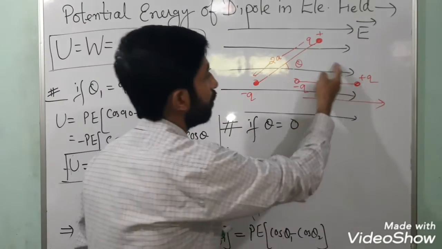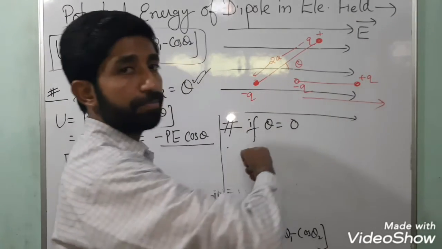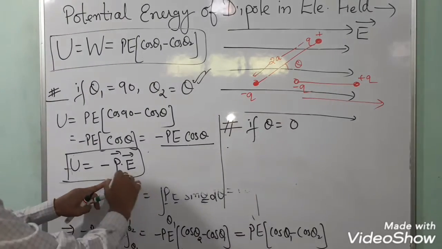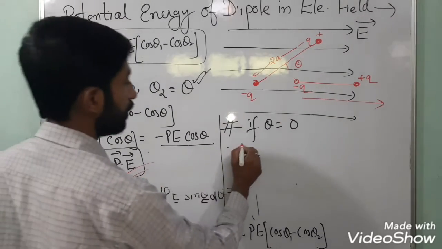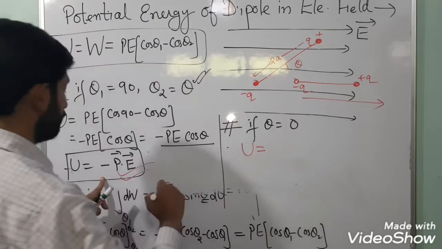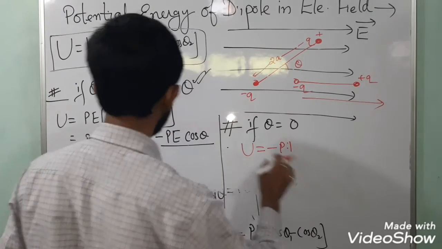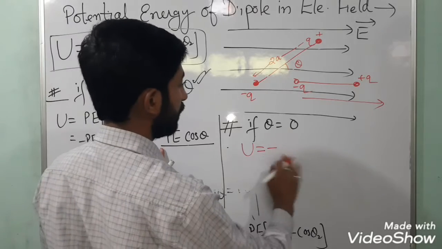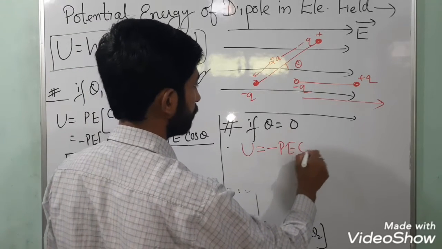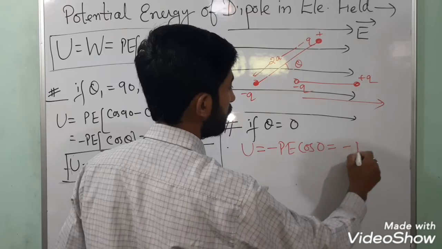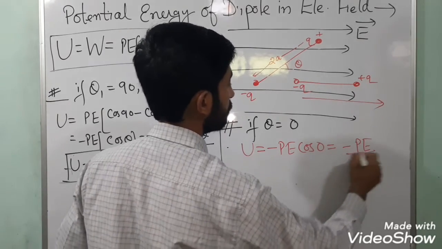You have to focus only on this region. If theta is equal to 0, then according to the dipole potential energy, U is equal to minus P dot E, or minus PE cos 0, which equals minus PE.